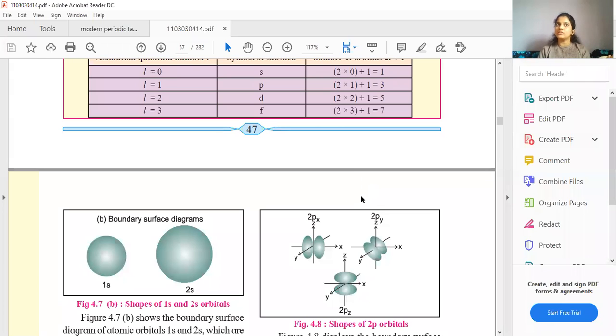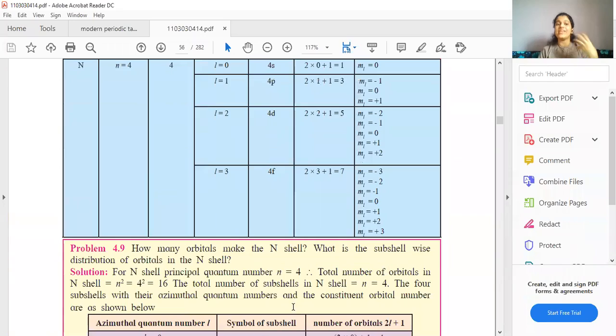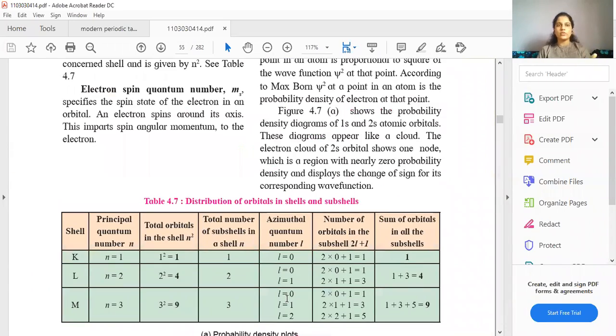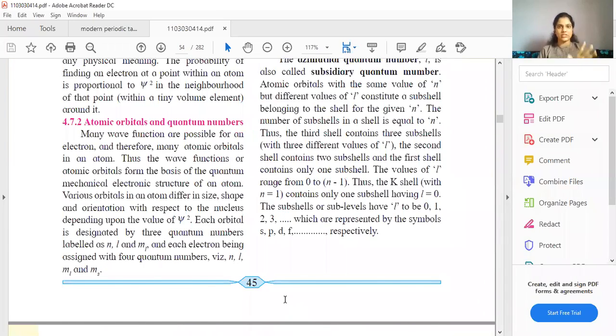I mentioned this in the last lecture also. Gone are the days when you wrote configuration as 2,8,8 as we used to do at school level. Not now. Now we have to give the exact location of the electron. You'll understand what I'm talking about once I'm done with this topic.